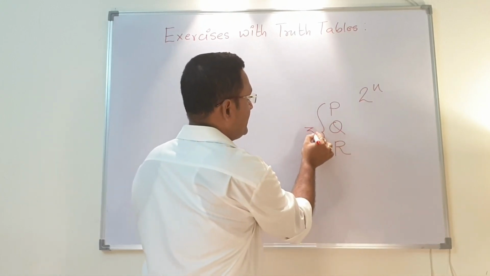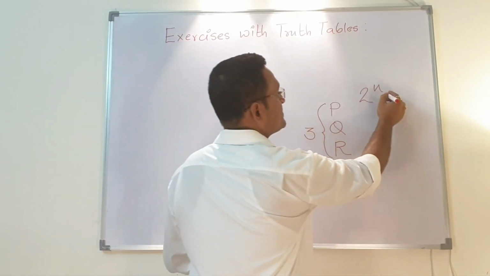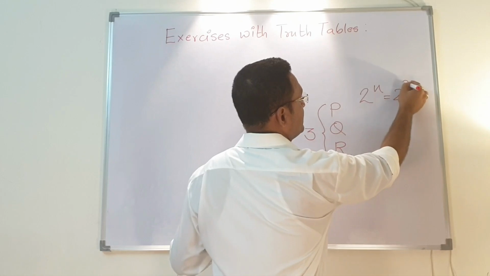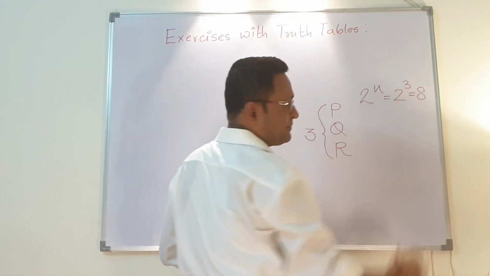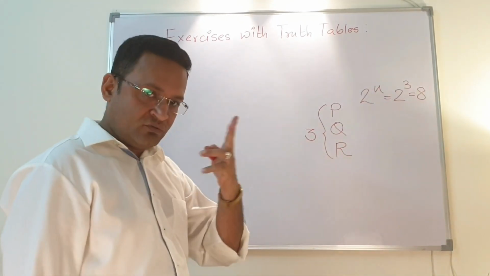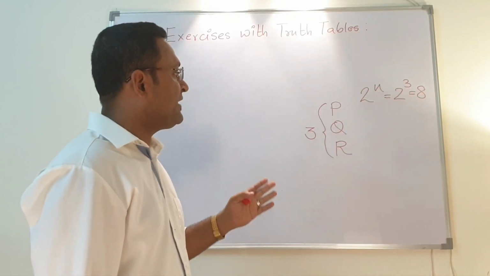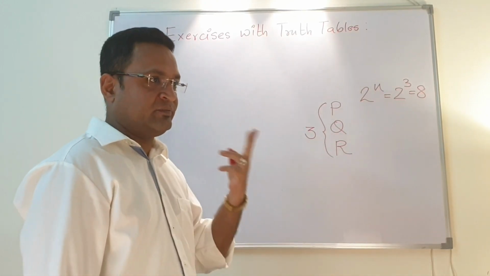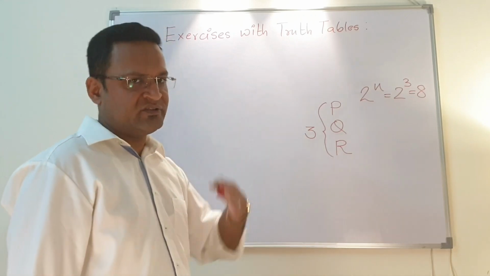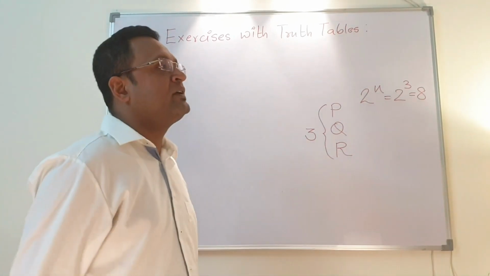Here the number of propositions is 3, so it will be 2 raised to the power 3, that will be 8 rows. Fine. If we have 2 propositions, it will be 4 rows. If we have just one proposition, it will be 2 rows. If we have 4 propositions, it will be 16, and so on.